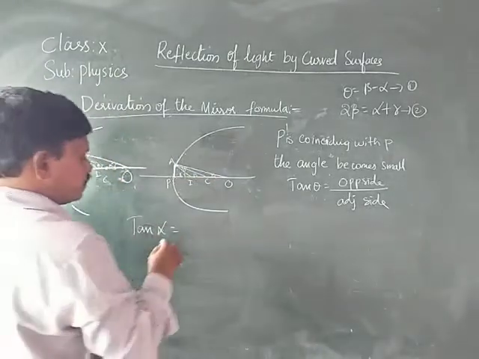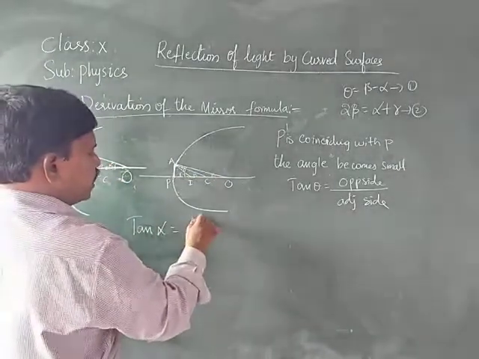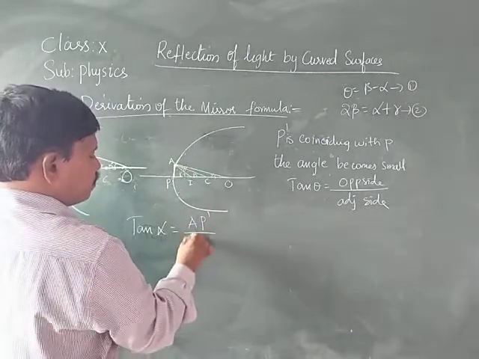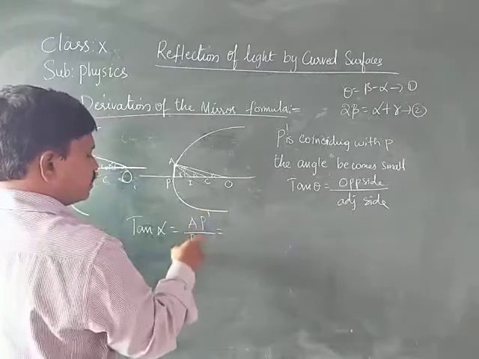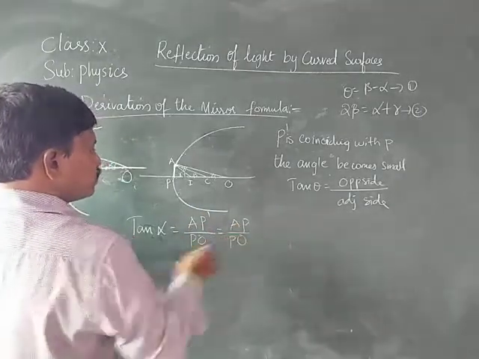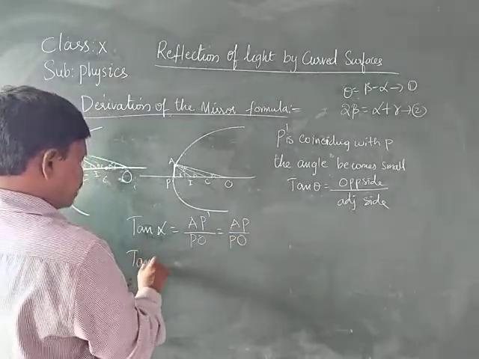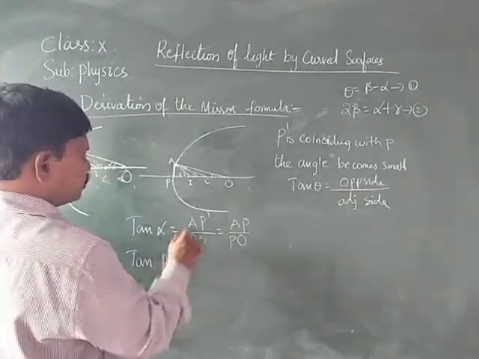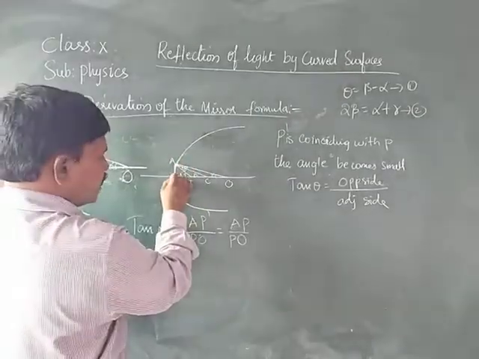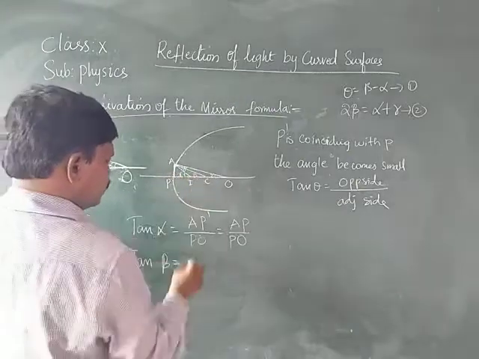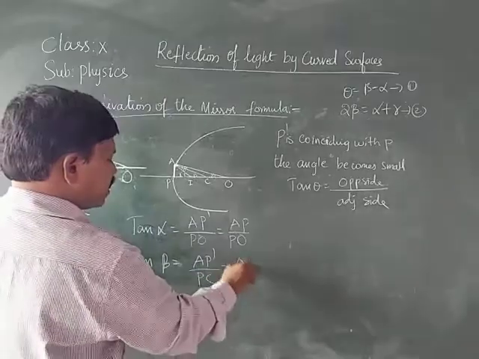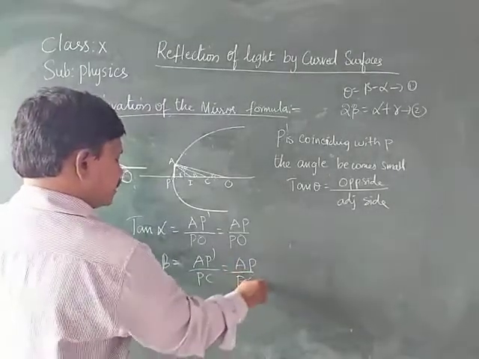Tan alpha is equal to AP dash by PO. But as P dash is coinciding with P, we get AP by PO. In the same way, tan beta is AP dash by PC, or we can write AP by PC.